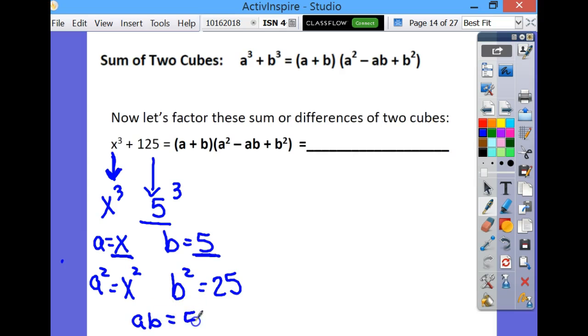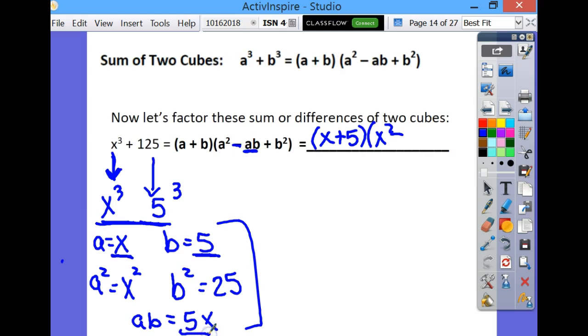We write the 5 first. So now that we have all this stuff written down, all we got to do is plug it into the formula. A is X and B is 5. Do you see that's this part right here without the third powers? A squared, and the formula tells me a negative sign comes next. AB is 5X.